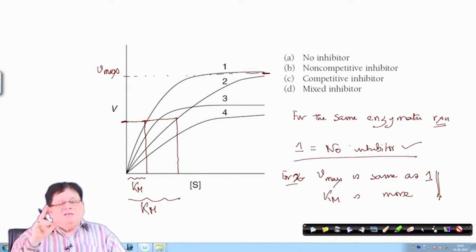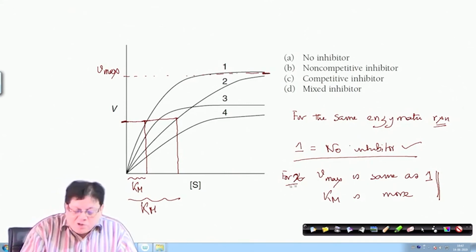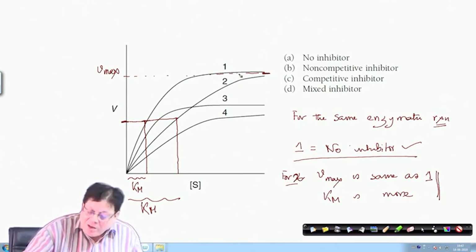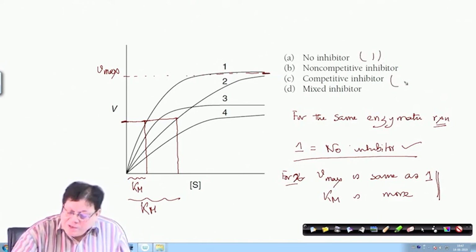But what changes is not the value of V max, because you will reach the same V max using a higher concentration of S. So, to reach half of V max, you need more concentration of S. More concentration of S means your Km increases. So, the number 2 graph must be for the competitive inhibitor, and no inhibitor is 1.